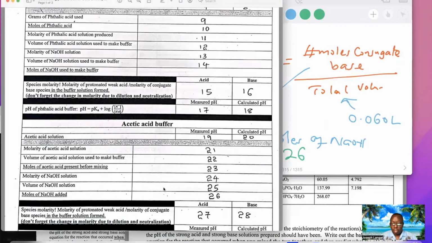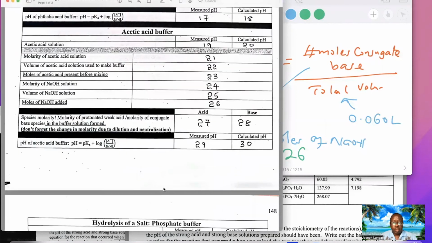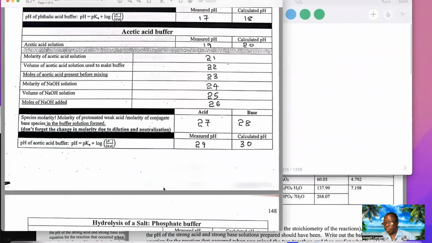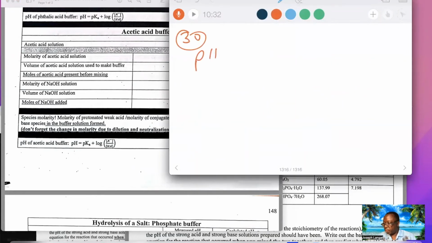That leads us to 29 and 30. For 29, you have to use the pH meter. For number 30, the pH of the buffer solution is given by pKa plus log of the concentration of the base over the concentration of the acid.